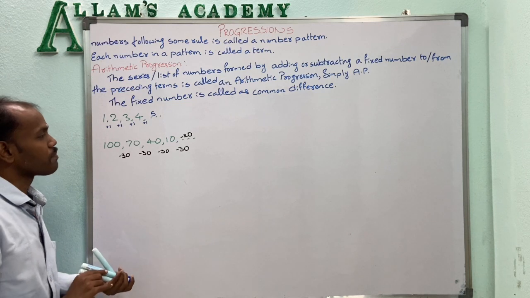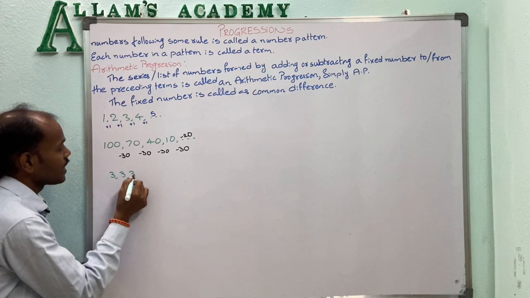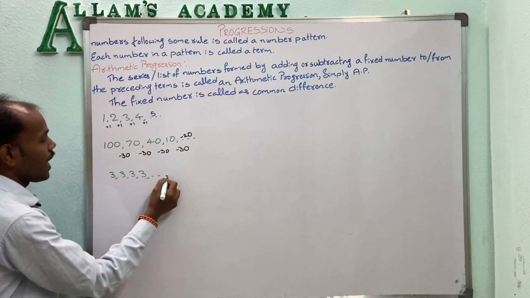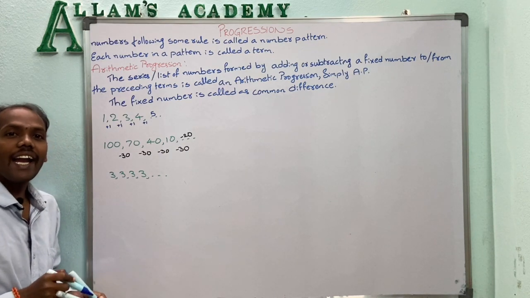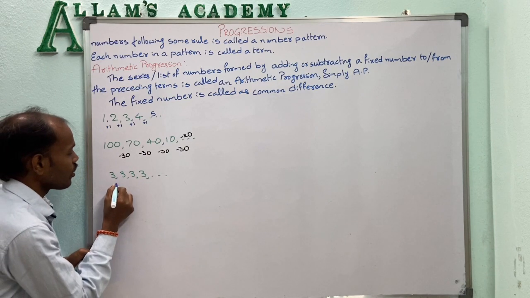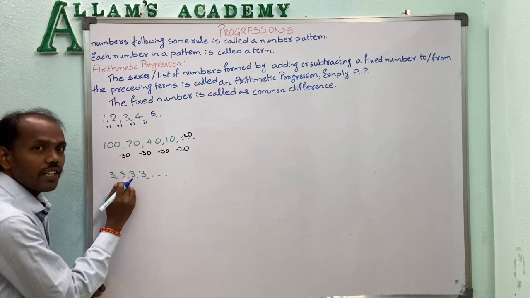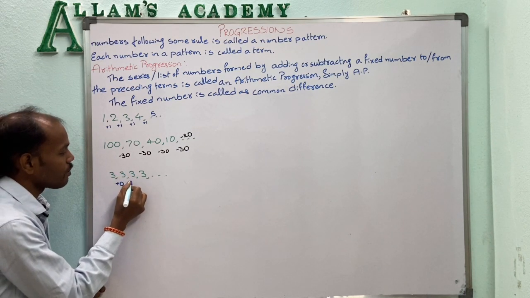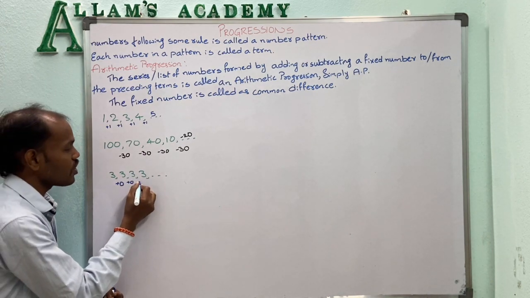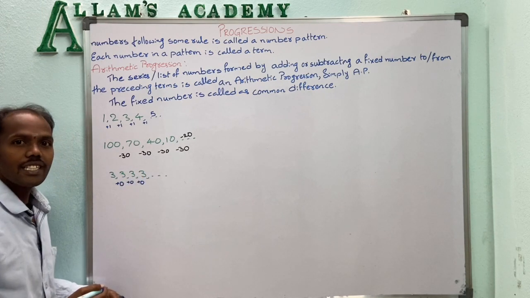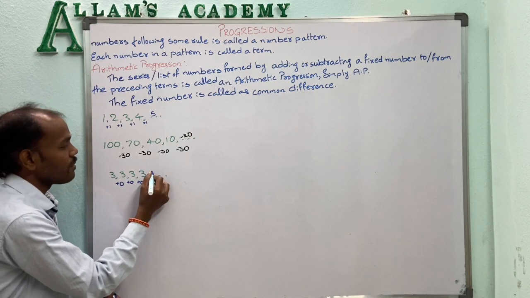Now let us observe another one: 3, 3, 3, 3. In this pattern, adding the fixed number 0 to the first number gives the next number, adding 0 to the second term gives the third number, and adding 0 to the third number gives the next number 3.